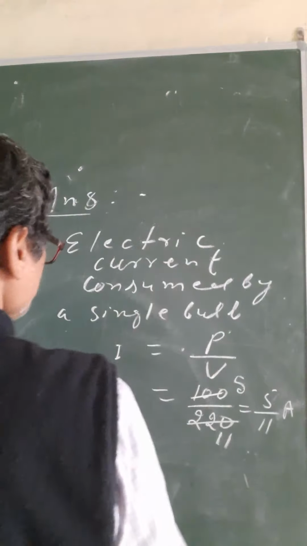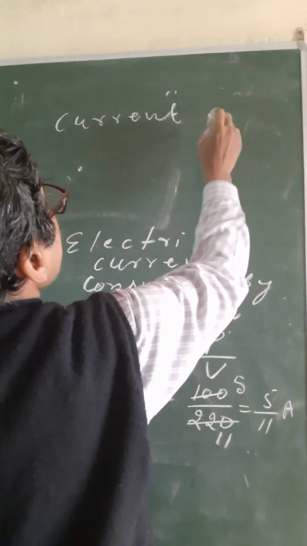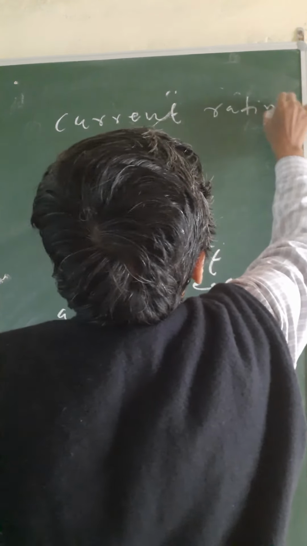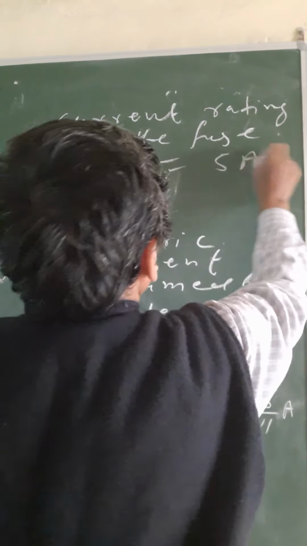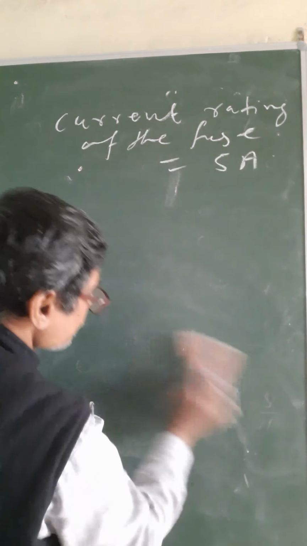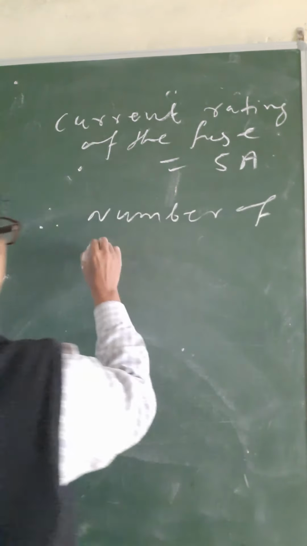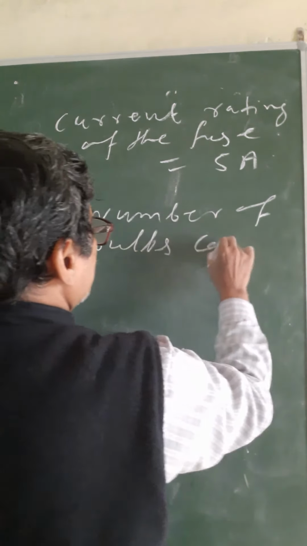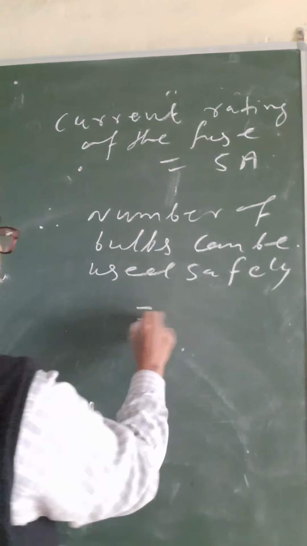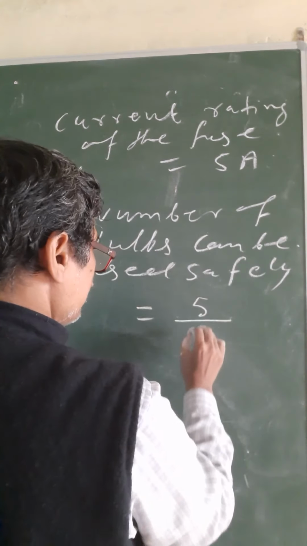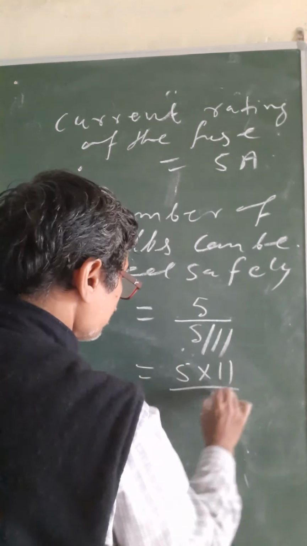So now the number of bulbs will be equal to the current rating of the fuse, that is 5 ampere, divided by the current of a single bulb. Therefore the number of bulbs that can be used safely is equal to 5 divided by 5 by 11, that is 5 into 11 by 5.